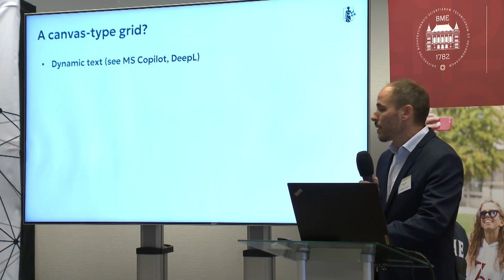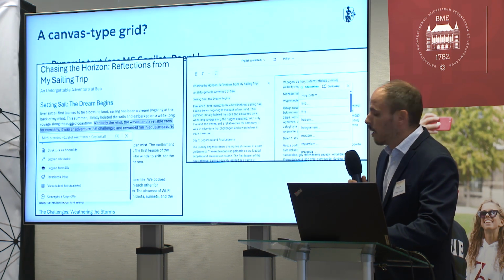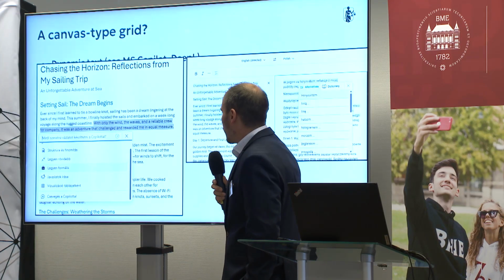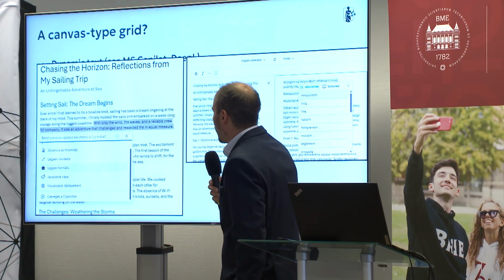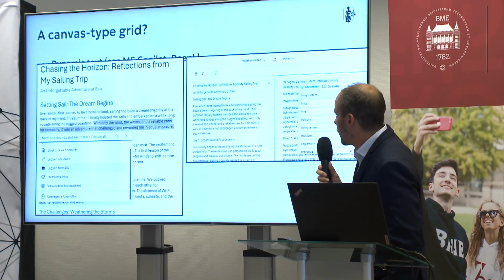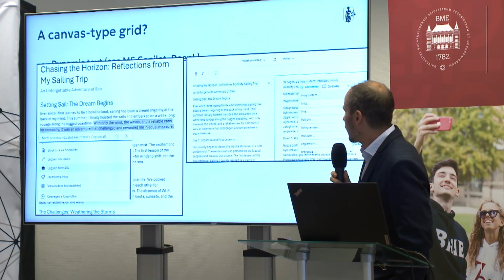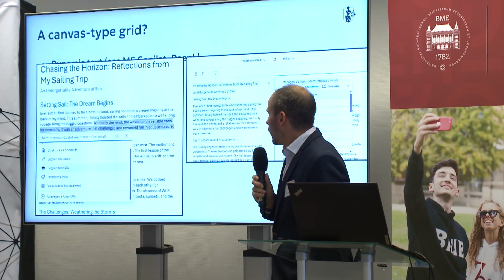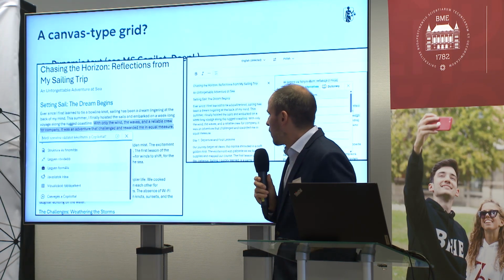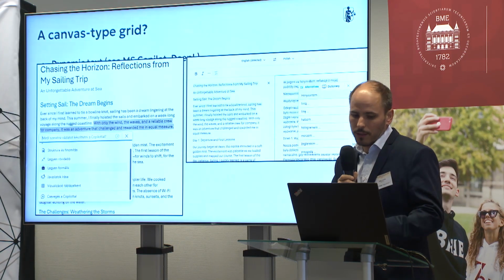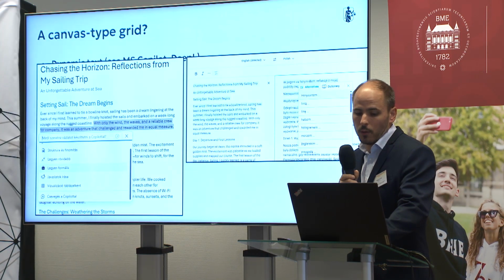Maybe a canvas type grid will do. This is, for example, Microsoft's Copilot take on the problem. You have dynamic text, so this is the same way DeepL handles whole contexts. So you can ask questions and send requests specifically on certain parts of the text, not segment by segment, but treating the whole text as a whole.